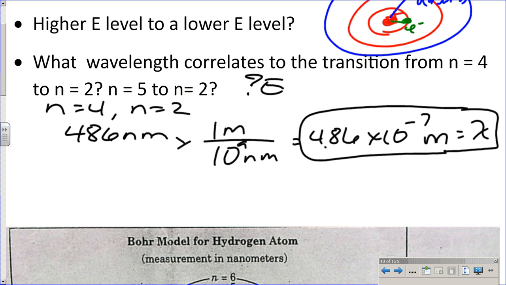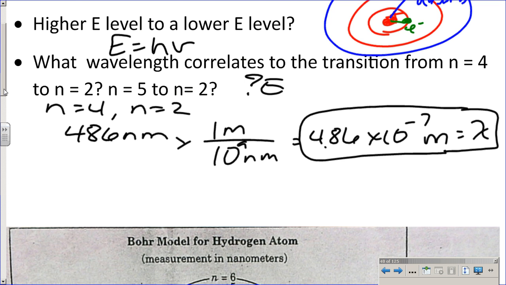I can't plug into a formula that doesn't use my variable. I hear you. You're saying E is equal to hv, yet I'd have nothing to plug in there. So then you have to do the speed of light. Thank you.